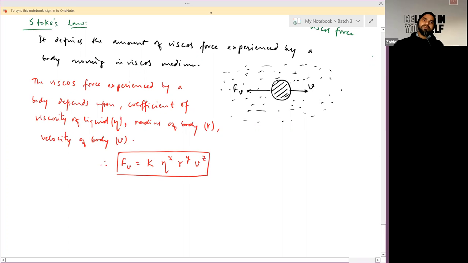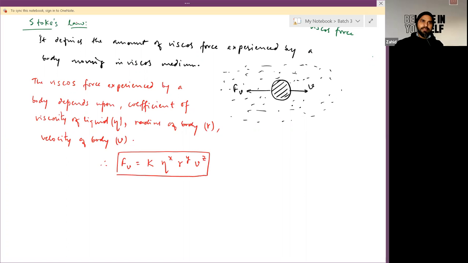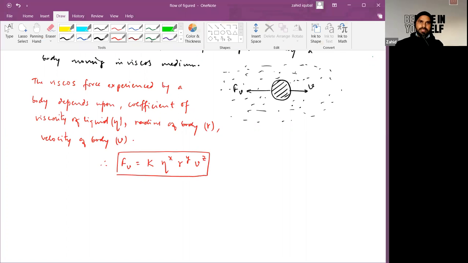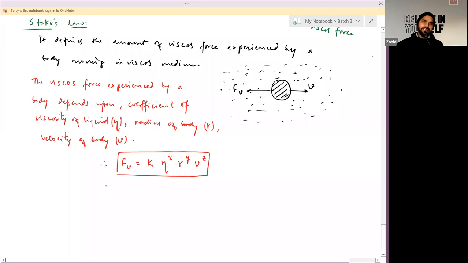Now, write the dimension of each term on either side: force, velocity, eta, and compare the exponent of each term. So for force, the dimension formula is MLT to the power minus 2, M raised to 1, L raised to 1, T raised to minus 2. K is a proportionality constant, so it will be a dimensionless term, so just neglect it. Eta is M L minus 1 T minus 1, all to the power x.